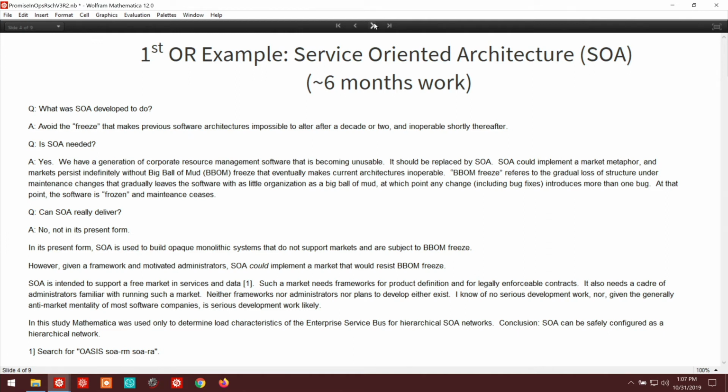Here's how it works. Service-oriented architecture is intended to support a free market in services and data. In other words, if you want your data transformed by another node that is selling the transformation service, then you request the service and you actually pay something for it.